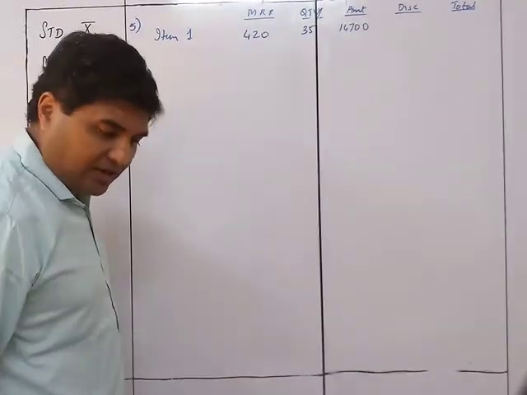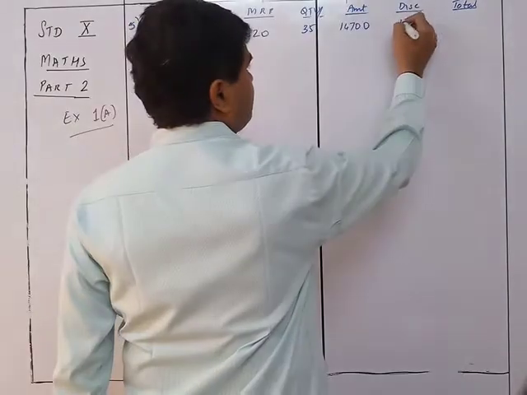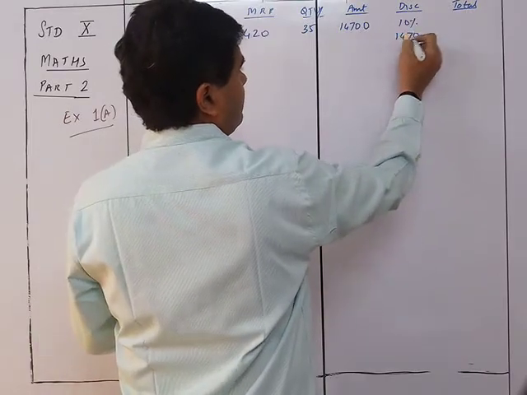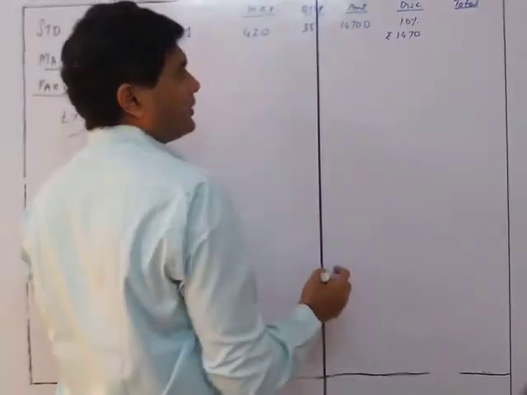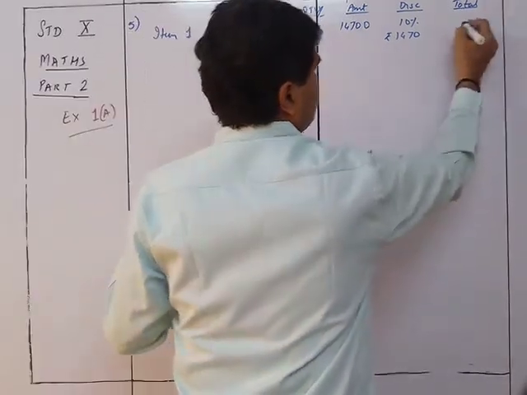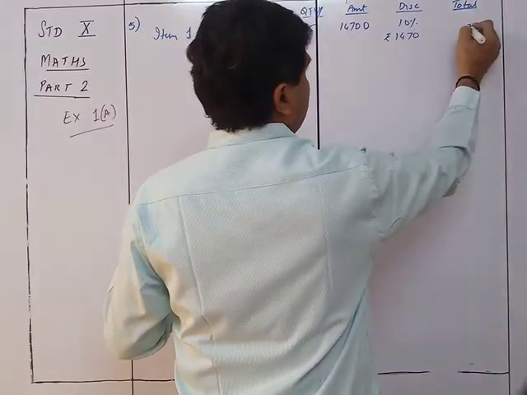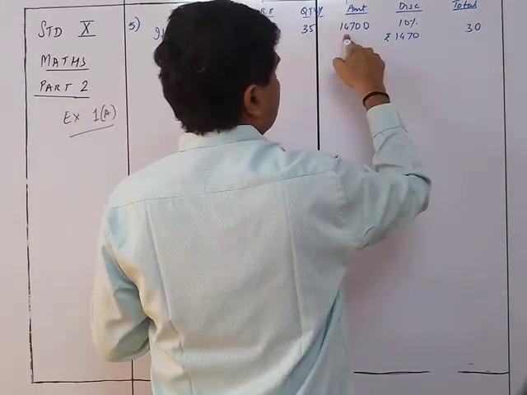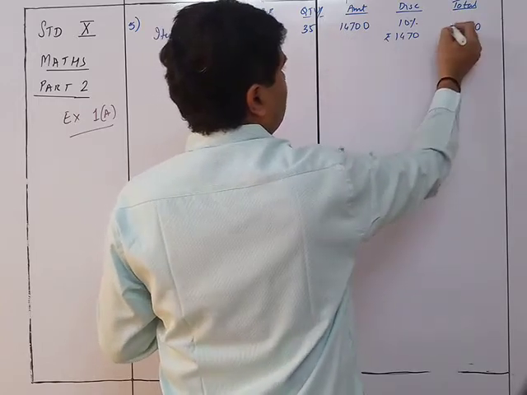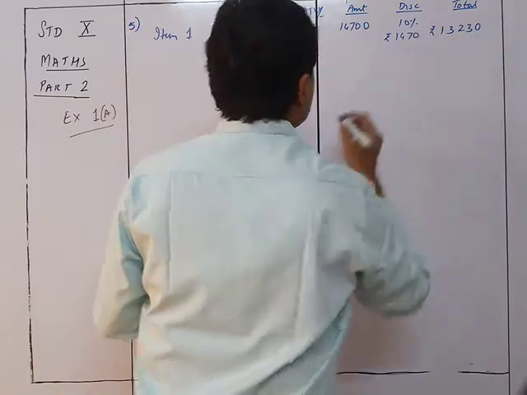And the discount given on this is 10%. So 10% discount amounts to 1470. That is the discount amount. Accordingly, the subtraction of these two gives 13230, and that will be the amount.